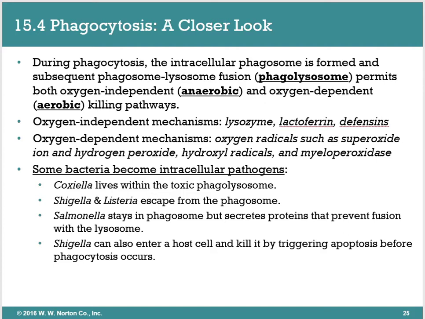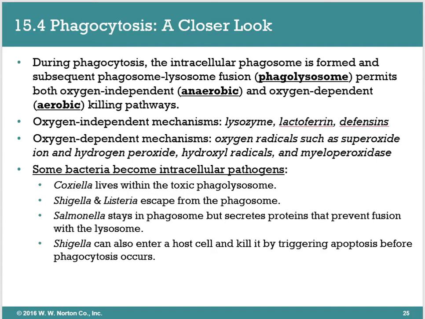But the whole process of phagocytosis is to make a phagolysosome. In order to make a phagolysosome, there has to be fusion. Depending on whether it's aerobic or anaerobic, the whole process will occur where the pathogen is degraded.